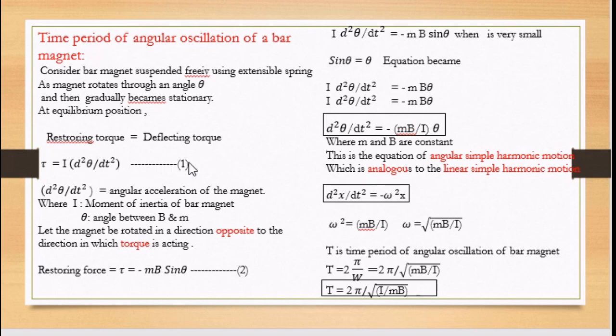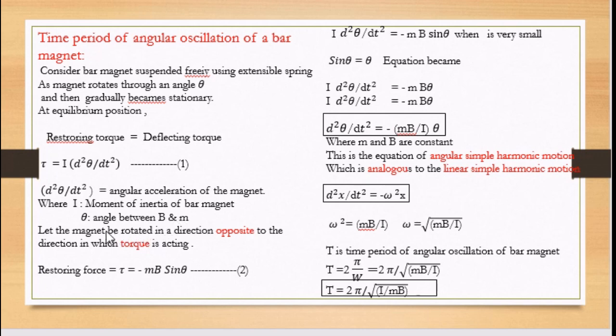This is equation 1. In this equation, d square theta upon dt square is the angular acceleration of the magnet, I is the moment of inertia of the bar magnet, and theta is the angle between B and M.